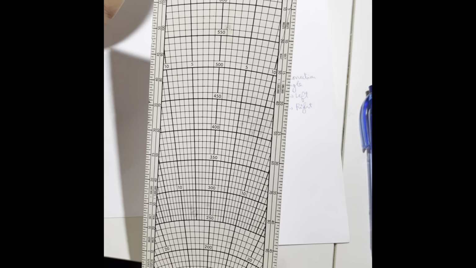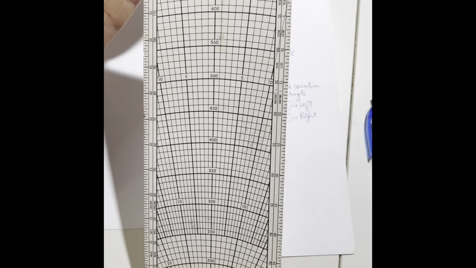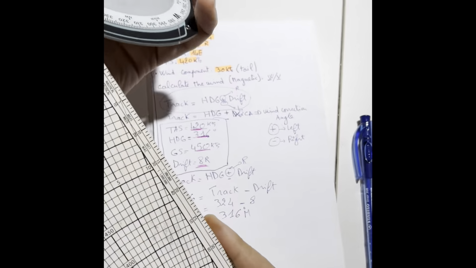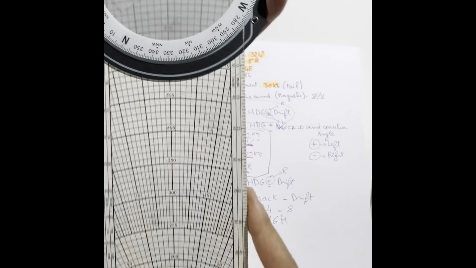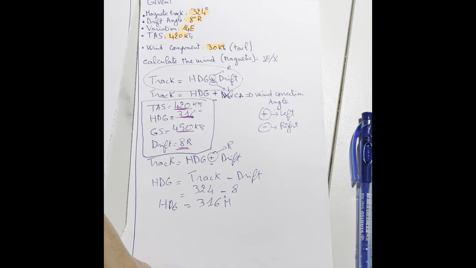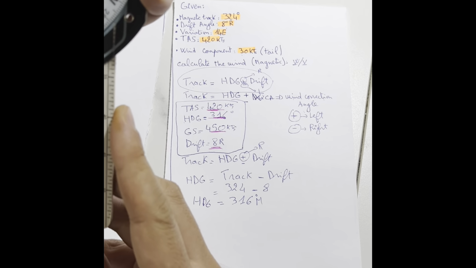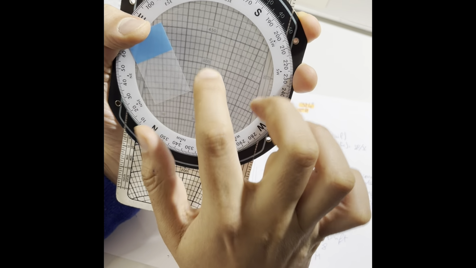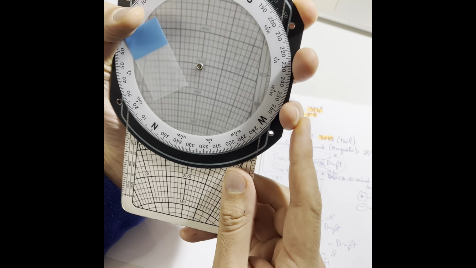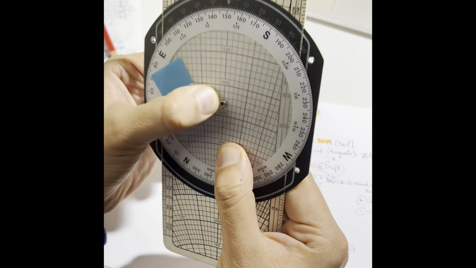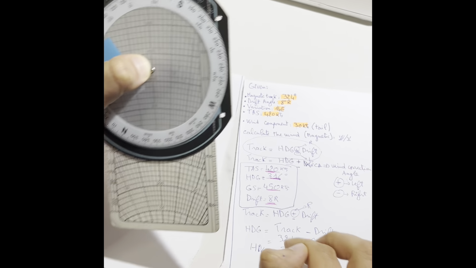Sorry about my beat up old flight computer with all this wear and tear through the years. And we plug it in. First thing, the true airspeed, which is 420. In this case, this is 400, this is 450, 410, 420, and we try to plot that right in the middle. Keep it tight there.